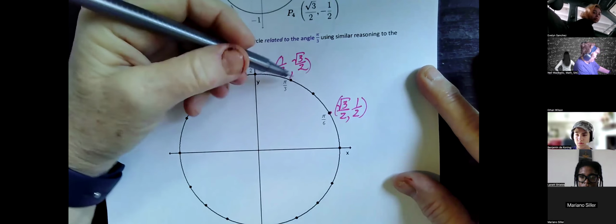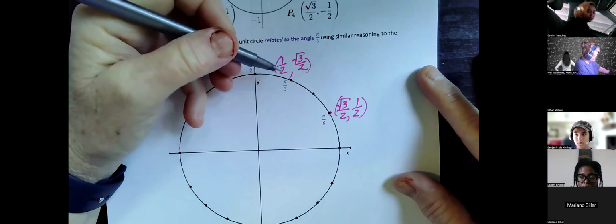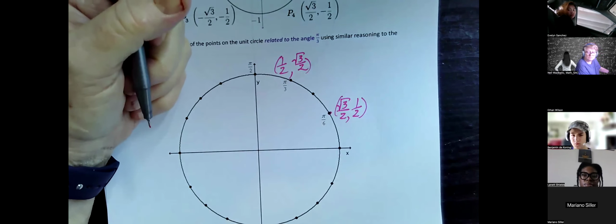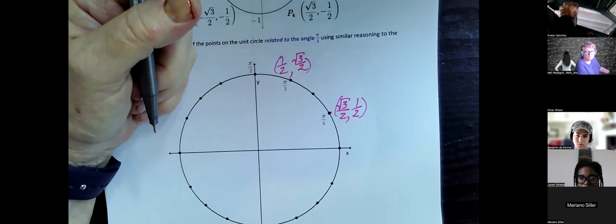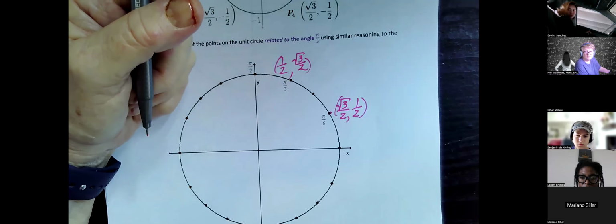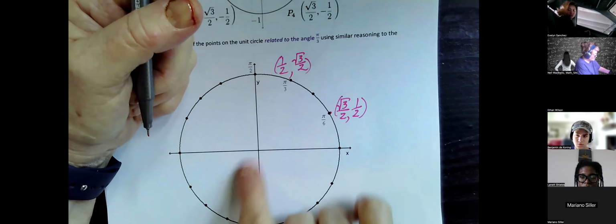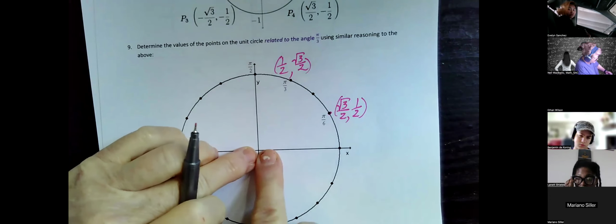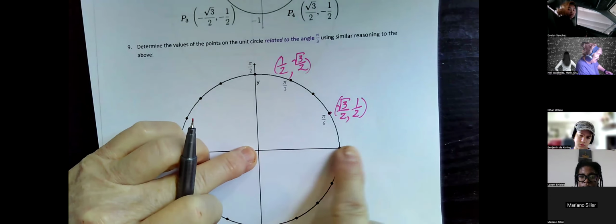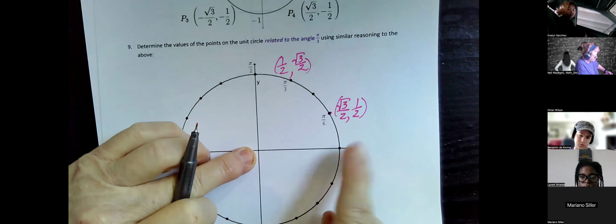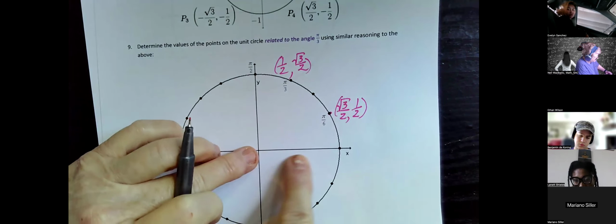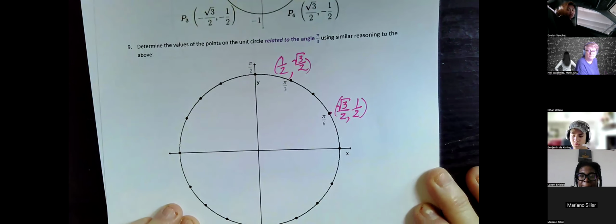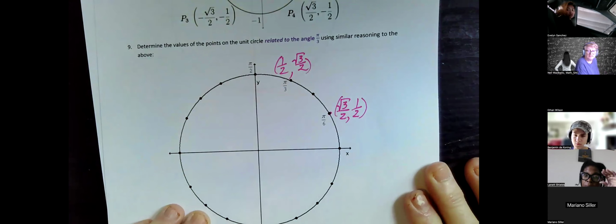So let's look at these sides. Which one is longer? Is the 1/2 longer or the square root of 3 over 2 longer? If we're measuring along the axis, is square root of 3 over 2 longer or is 1/2 longer? The x value.